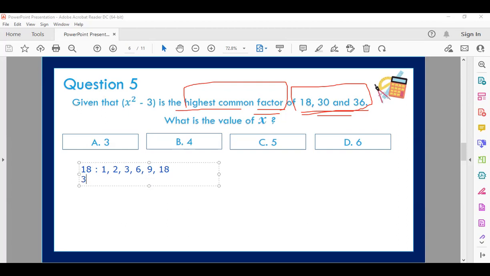What are the factors for 30? 1, 2, 3, 4 cannot. You have 5, you have 6. 7, 8, 9 cannot, 10, 15 can. And finally, it will reach back to 30.